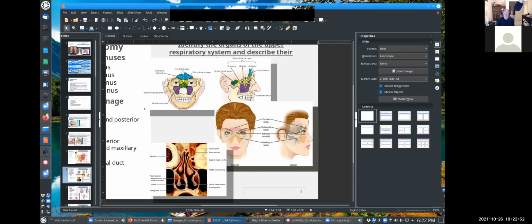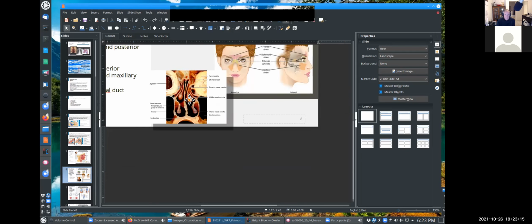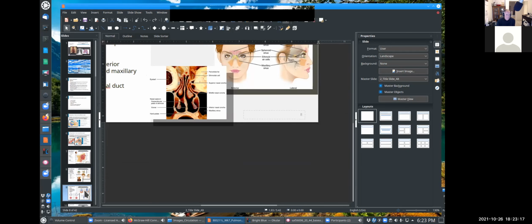Oh, ethmoid, you probably won't see. They're kind of little air cells right along the nose in the center. But sphenoid, remember it's going to be sitting way back there, just next to where the pituitary was, and maxillary on each side. Okay, got it.